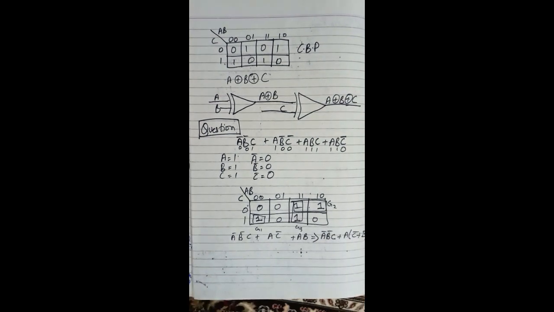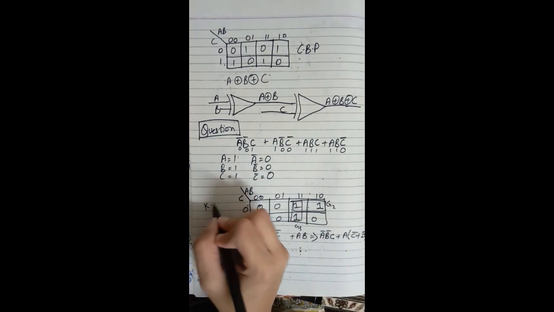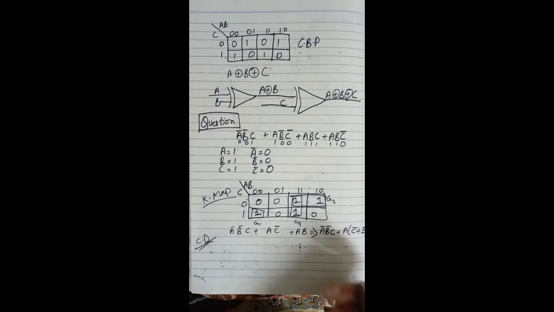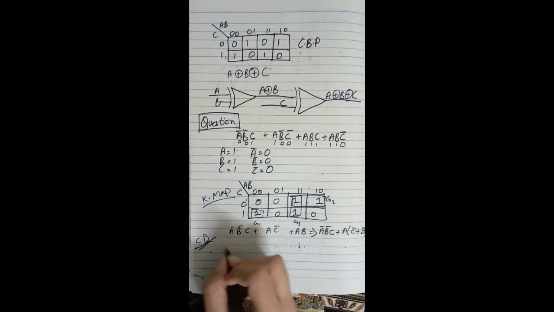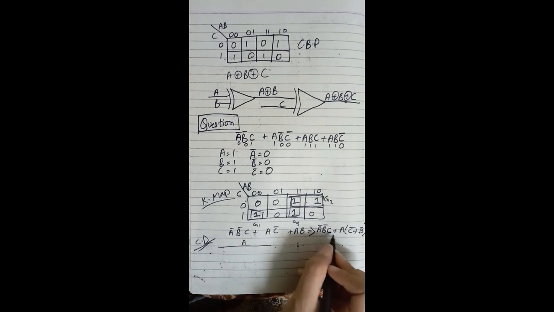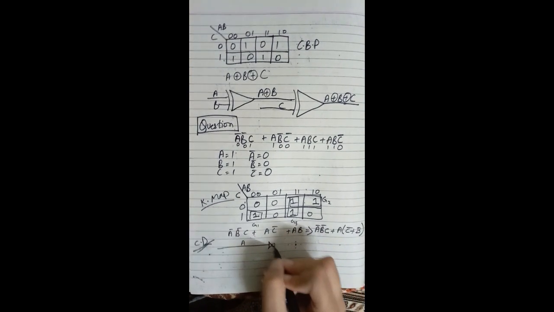Now we will make the circuit diagram for it. This is the K map, and now we will draw the circuit diagram. Okay, so we have A. First we are drawing the A bar, B bar, C. We will add the NOT gate. It will be A bar.